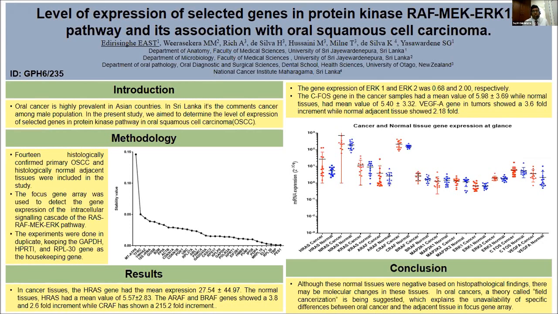I would like to suggest that this study is not enough to come to a 100% conclusion, but it suggests thinking about doing a genetic study at the tumor-free margins, even though they are histologically normal, to check whether selected genes are expressed in these tumor-free margins.